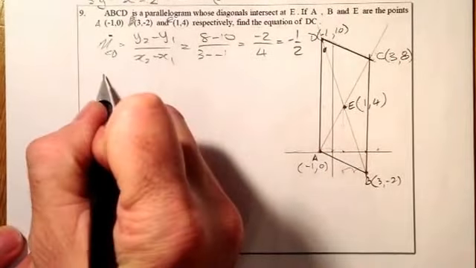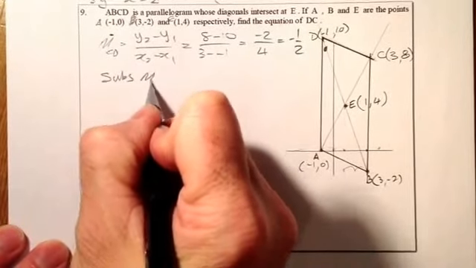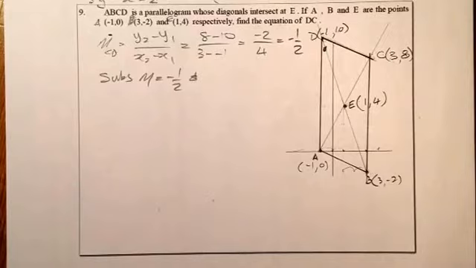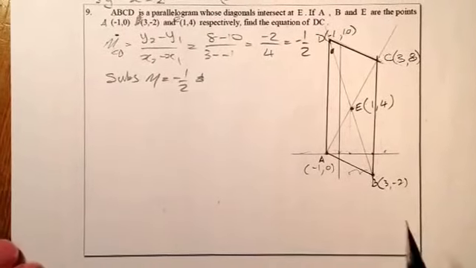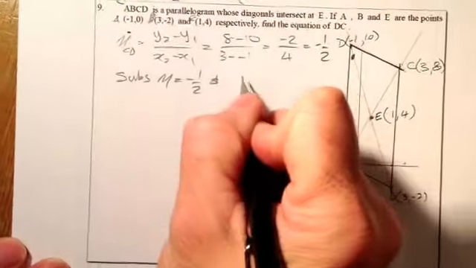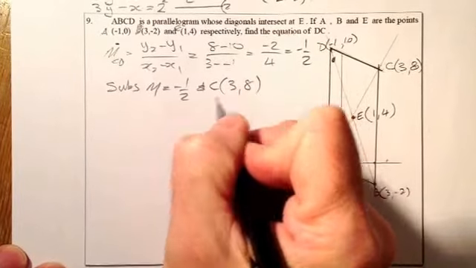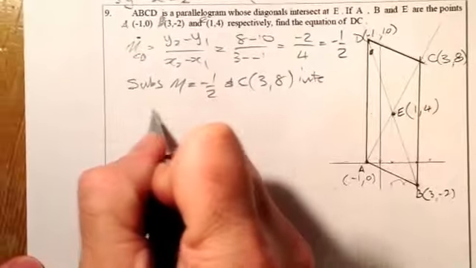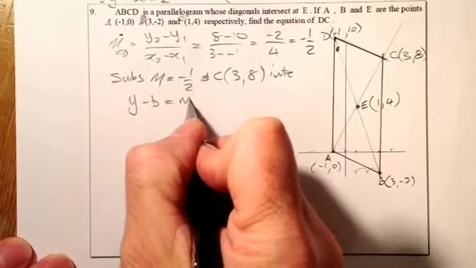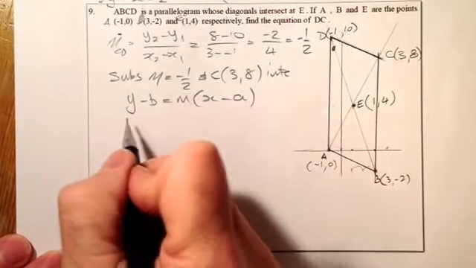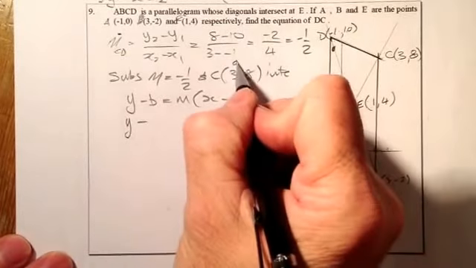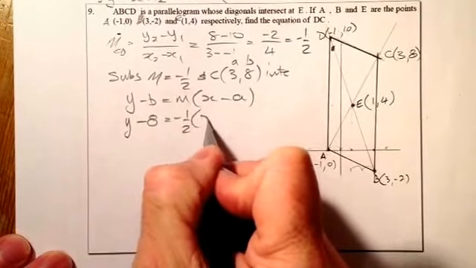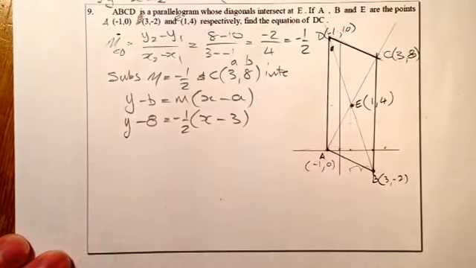Right, what we'll do is we'll substitute that gradient that we worked out of -1/2, and I'm just going to choose one of the points. The point that I'll choose, let's go for the 3, 8, 2 positive numbers there, so it'll be the point C. 3 and 8, doesn't matter, you could have put that point in and worked it out. Fire it into y minus b equals m(x minus a). That's my a value, that's my b value, so y minus 8 is equal to -1/2 (x minus 3).